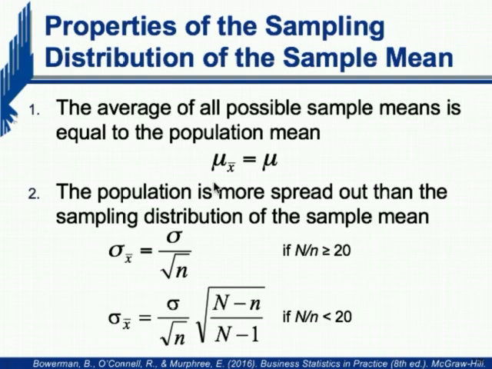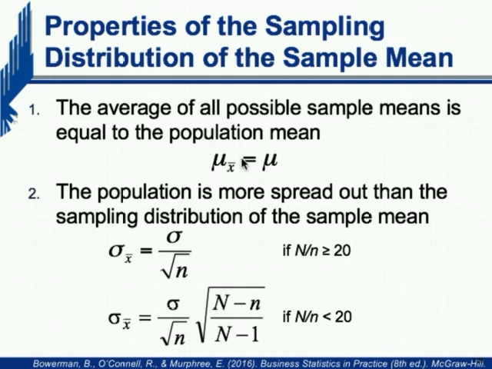The sampling distribution of the sample mean has the following properties. First, the average of all possible sample means is equal to the population mean, and that is shown here in this equation. So mu sub x bar refers to the average of all possible sample means in the sampling distribution.